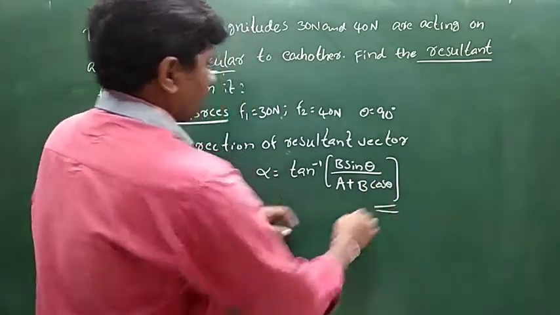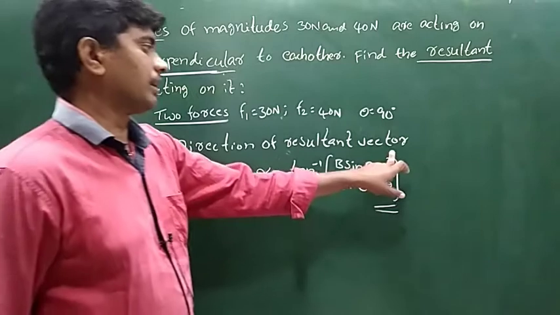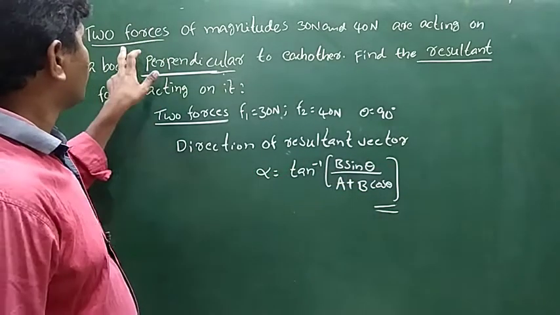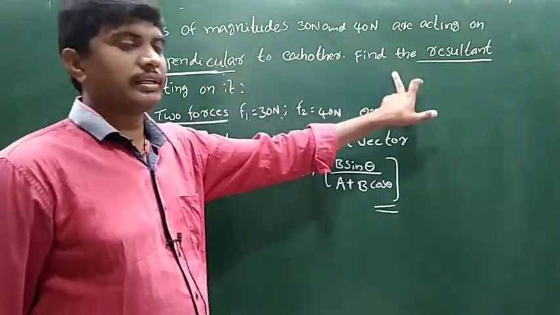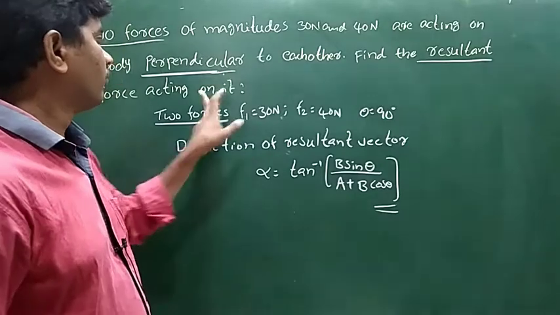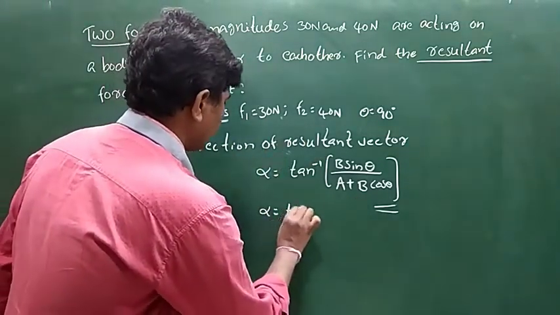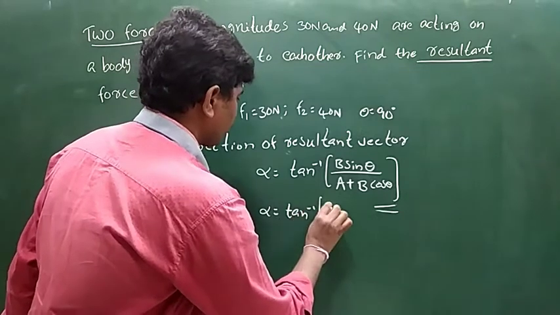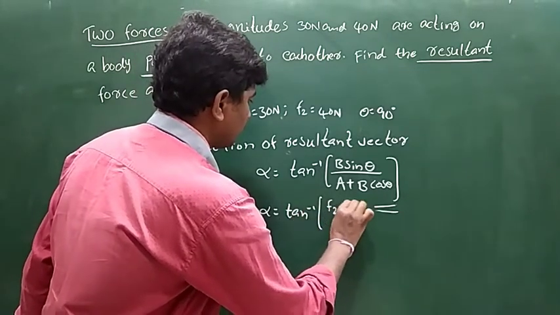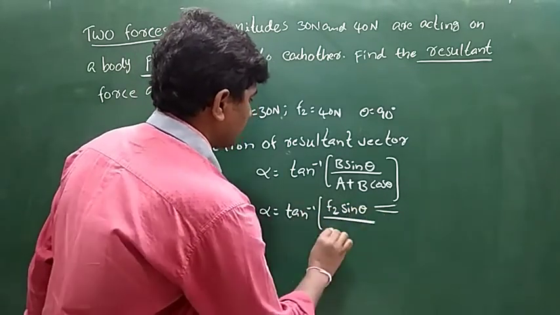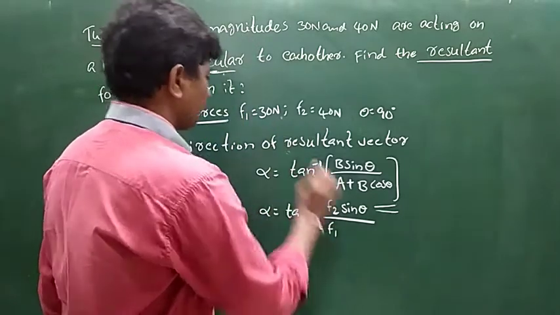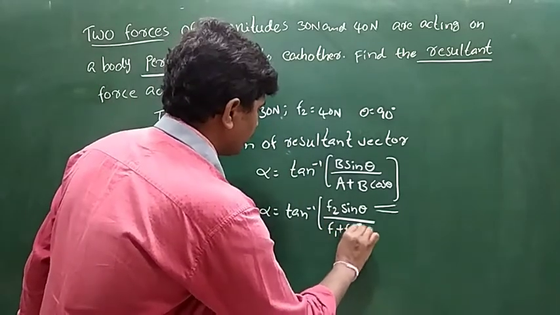From the problem, with two forces F1 and F2, a is F1 and b is F2, so alpha equals tan inverse of F2 sin theta divided by F1 plus F2 cos theta.